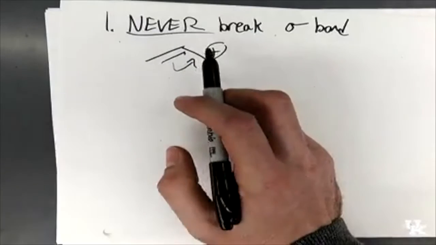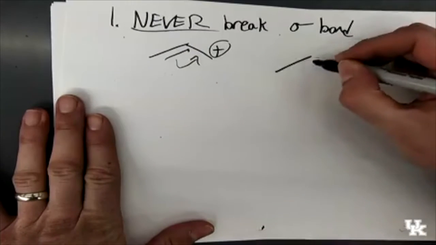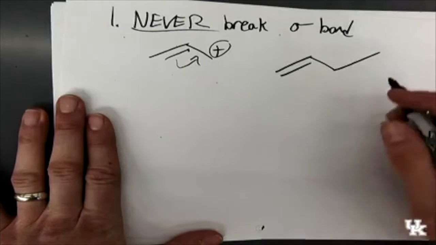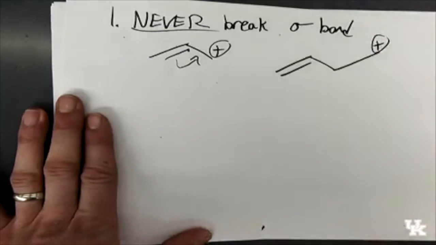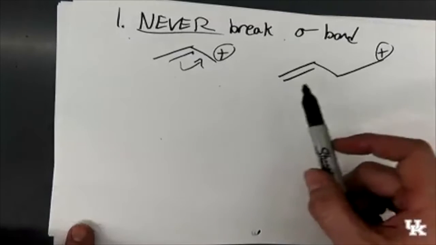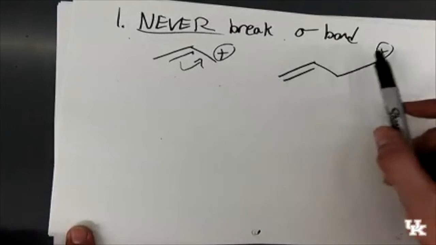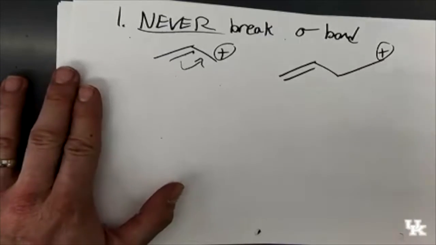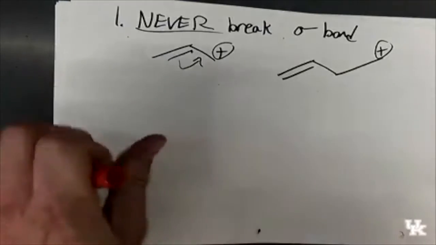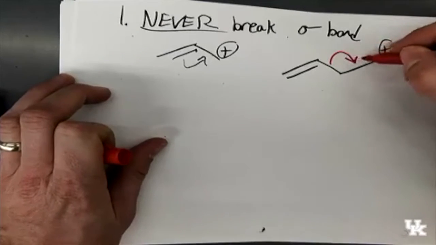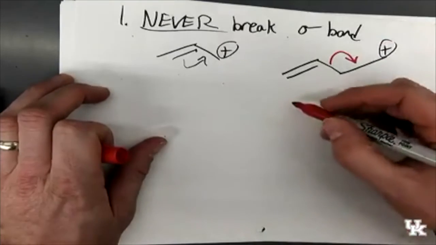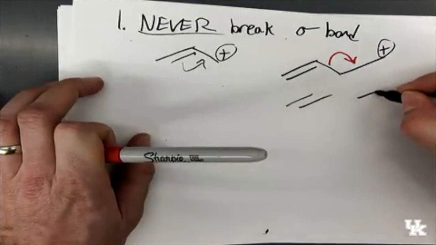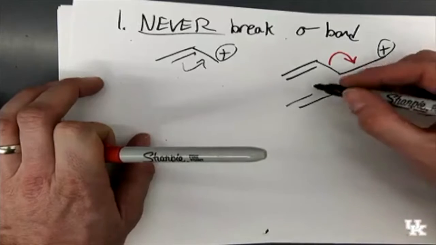Pi electrons can move. What can never move, for instance, in this example, so you had this molecule, this one butene cation here. What can never happen is breaking a bond to make new chemicals like this.